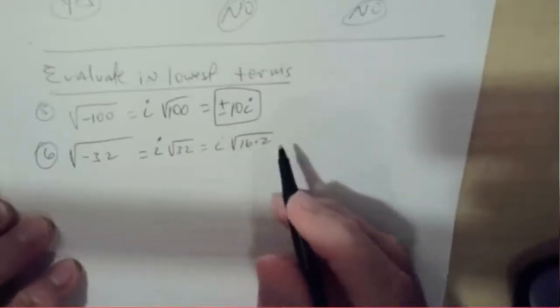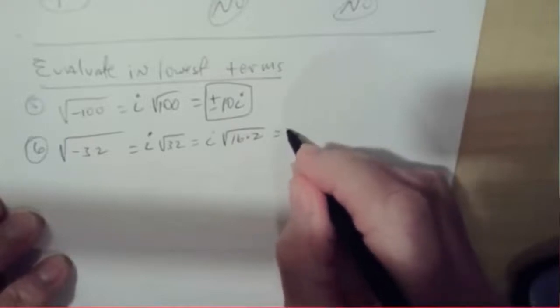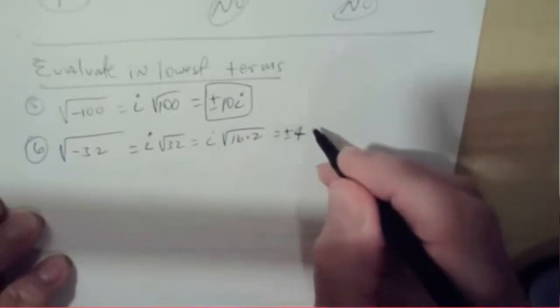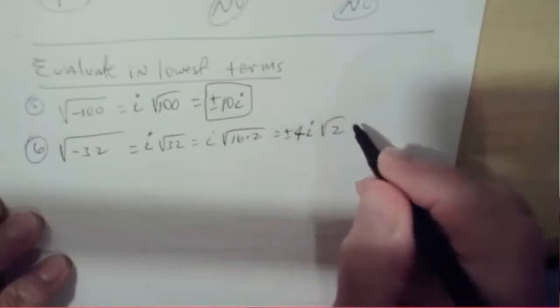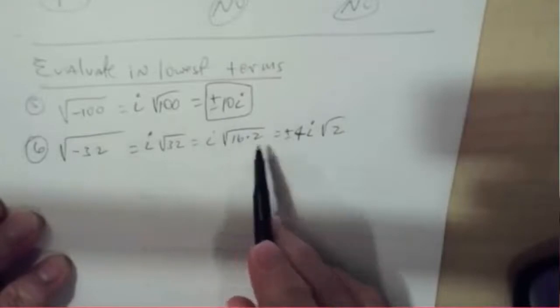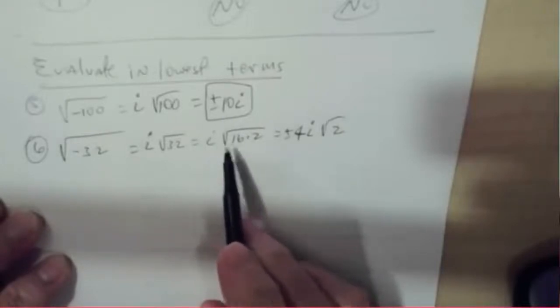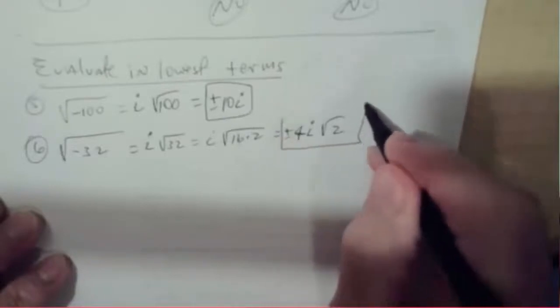So this would equal plus or minus 4i times the square root of 2. Okay, the square root of 16 is 4. Of course, the i's already there. The square root of 2 is we don't know and we don't care.